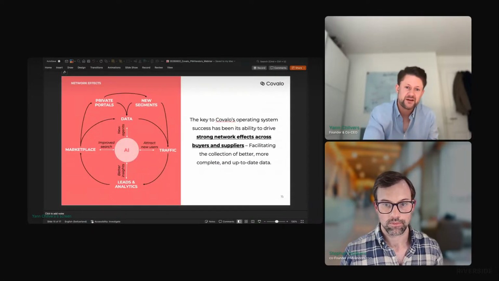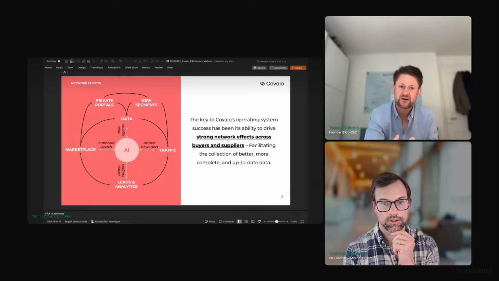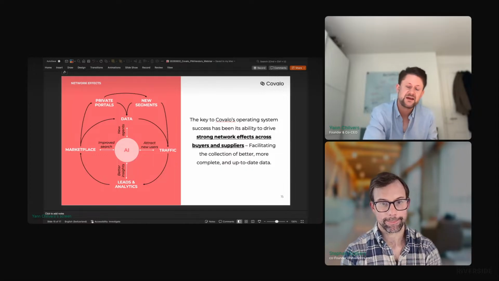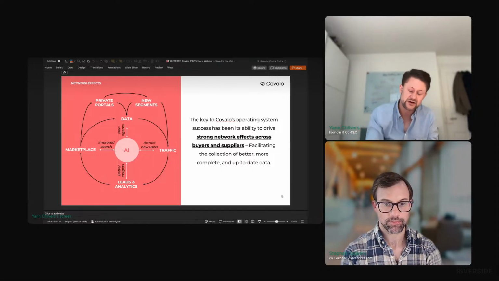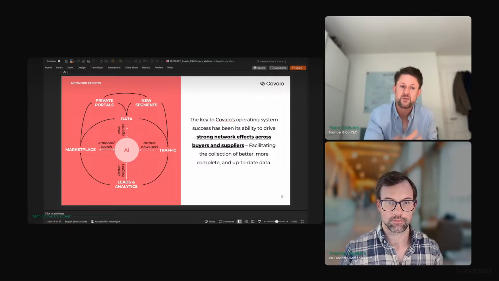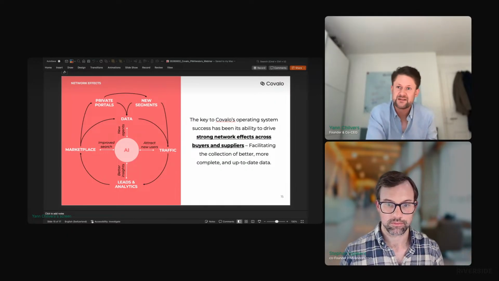So if we talk about the network effects, as said, we started with data that was initially quite shallow. So it was good for commercial data, but probably not for more formulation topics. That still allowed us to attract users, that generated traffic and analytics for the suppliers, which made them more responsive and helped them engage in the marketplace.